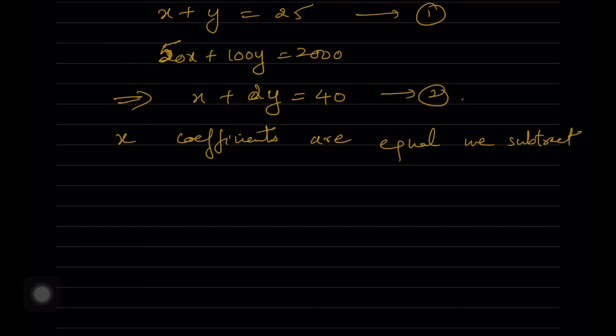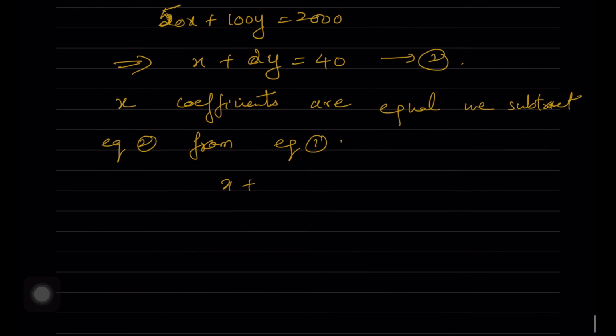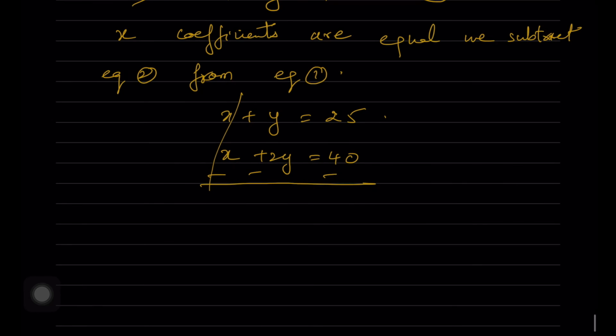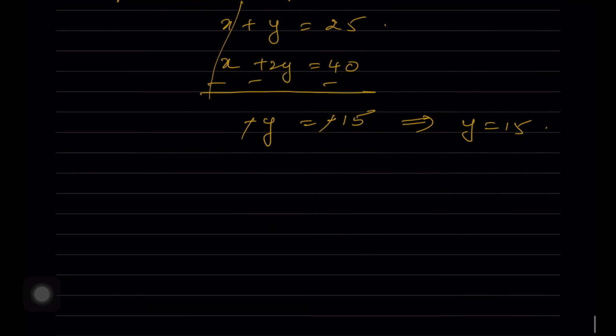So what do we get? Because coefficients of x are the same in both of them, therefore you get x plus y is equal to 25, x plus 2y is equal to 40. So x minus x, y minus 2y, minus y is equal to minus 15, y is equal to 15.